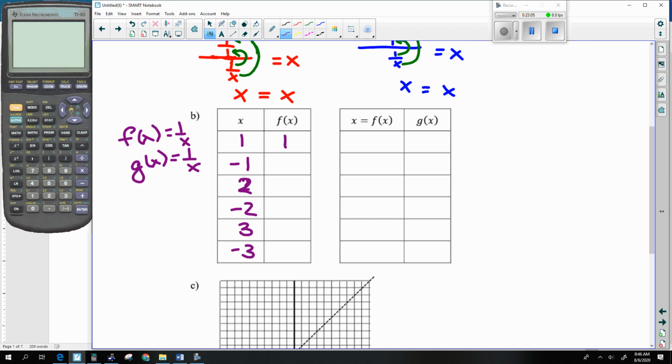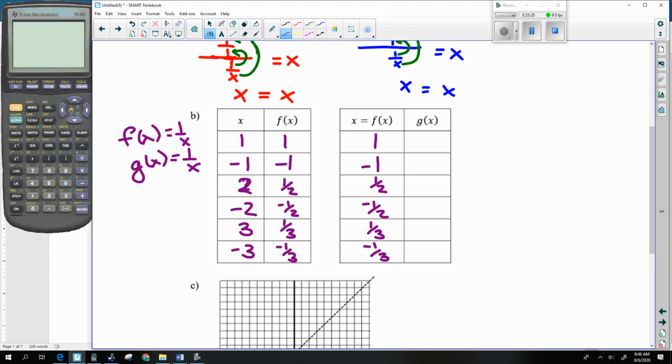And so this is going to be 1, negative 1, 1 half, negative 1 half, or 1/3, negative 1/3. Steal those and put it into the g.